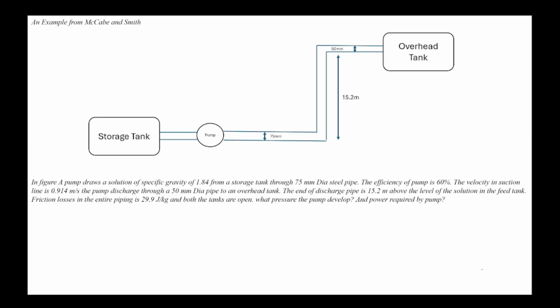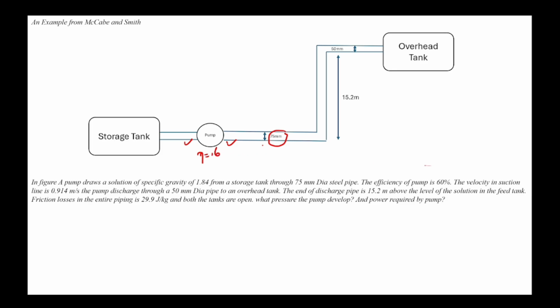In the figure, a pump draws a solution of specific gravity 1.84 from a storage tank through a 75 mm diameter steel pipe. Okay, so we have these two pipes of the same diameter, 75 mm. The efficiency of the pump is 60%, so efficiency is equal to 0.6.